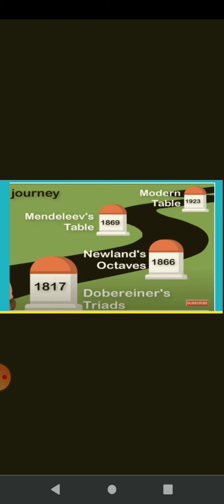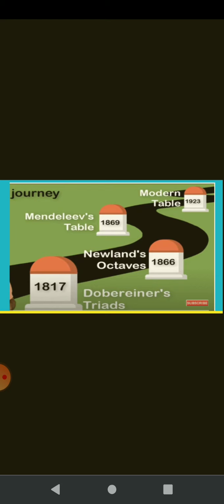So in 1869, Dmitri Mendeleev, who was also known as the father of classification of elements, gave the periodic table in 1869, and it was a very good work in the field of classification of elements done by Dmitri Mendeleev.